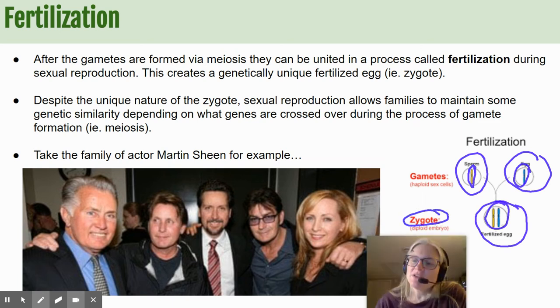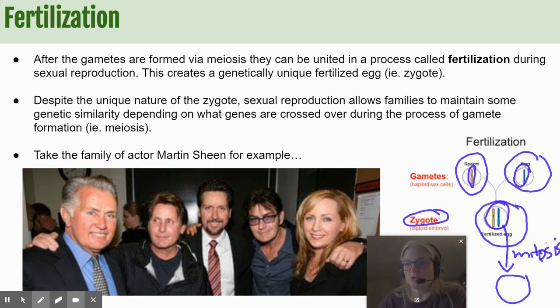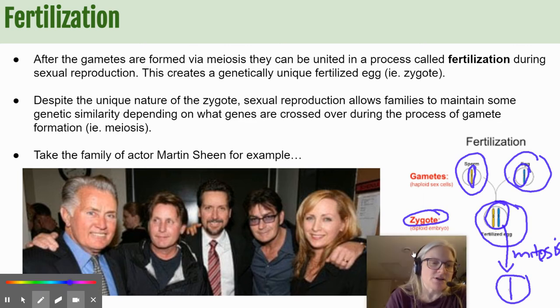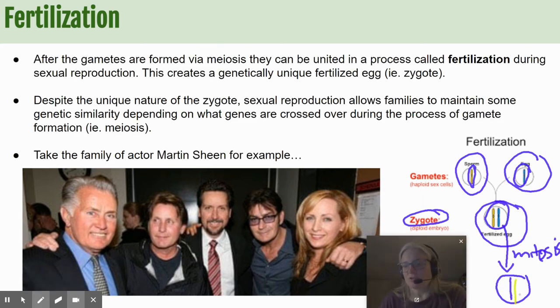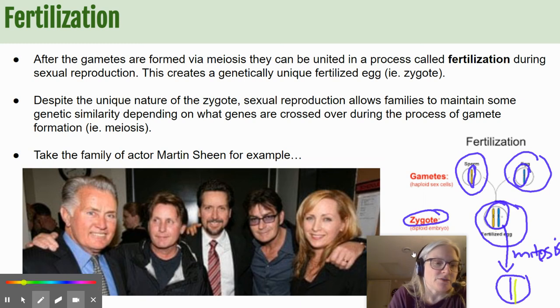And every time this cell now divides, it's going to go through mitosis. And we saw when you go through mitosis, you create the same numbers of chromosomes in your cell. So every cell after this point is going to have 2 chromosomes, it looks like, for this organism.